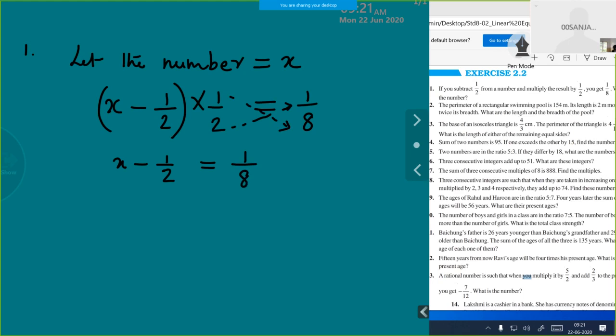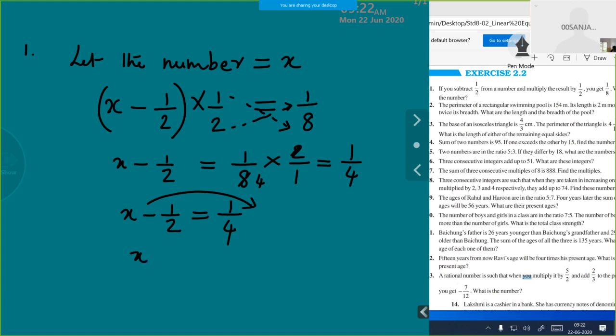So 1 by 8 into 2 by 1. I hope you understood. We can cancel the 2 and 8. We get the answer as 1 by 4. So what we are getting is now x minus half is 1 by 4. Okay. Now we are going to bring the minus half to the other side.